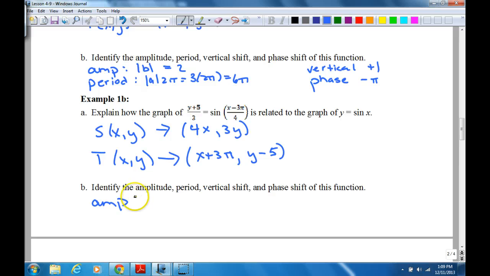It's 3. And what is our period? Yep, because you're going to take 4 times 2 pi, which is 8 pi. And then our vertical shift is what? Vertical shift is minus 5, and our phase shift is positive 3 pi.